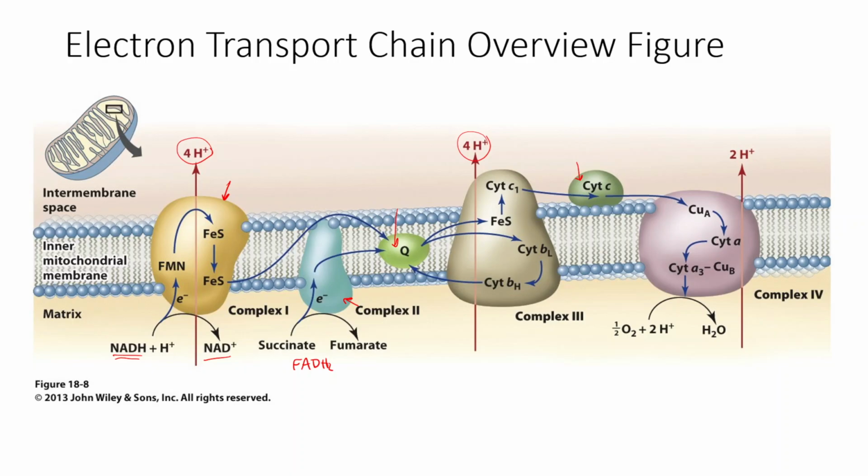Finally, cytochrome C brings the electrons over to complex 4, where the protons are used to help generate a water molecule, and this is the point finally in the electron transport chain where oxygen is required. And during this process, 2 protons are further pumped out into the intermembrane space. So keep some of these numbers in mind, and we'll do some math at the end to add up all of our protons and where they come in.